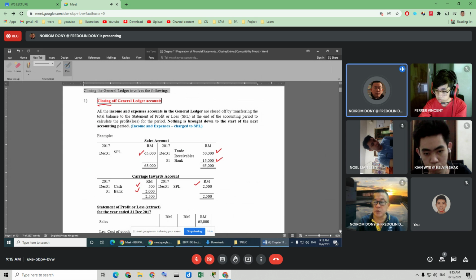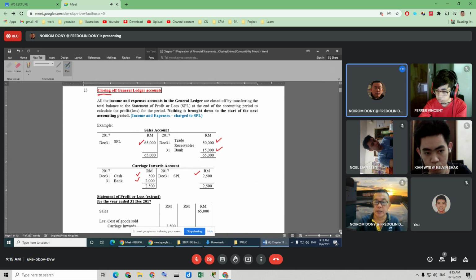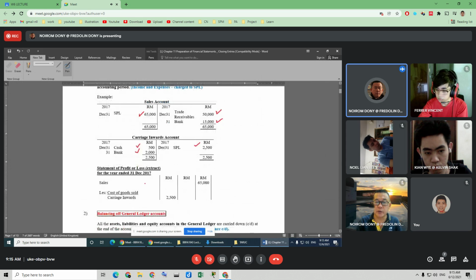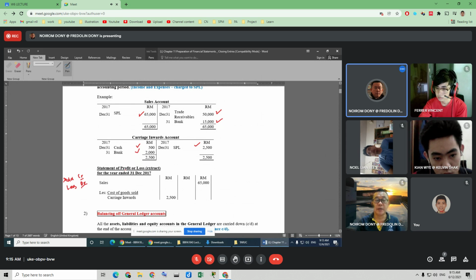So when we do the posting, what happens? It goes to the statement of profit or loss. Look at this extract for the year ended 31st of December. Sales is a credit in SPL, but we don't see the word credit; add represents credit, and less represents debit.